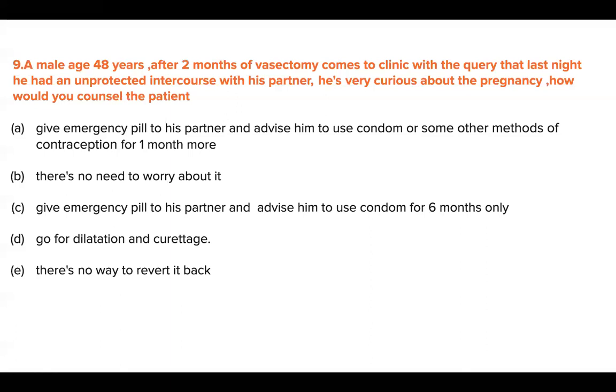B, there's no need to worry about it. C, give emergency pill to his partner and advise him to use condom for 6 months only. D, go for dilatation and curettage. E, there's no way to revert it back. A. Yes, it's A, give emergency pill to his partner and advise him to use condom or some other method of contraception for 1 month.